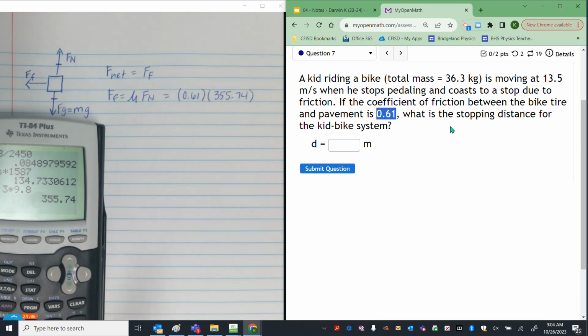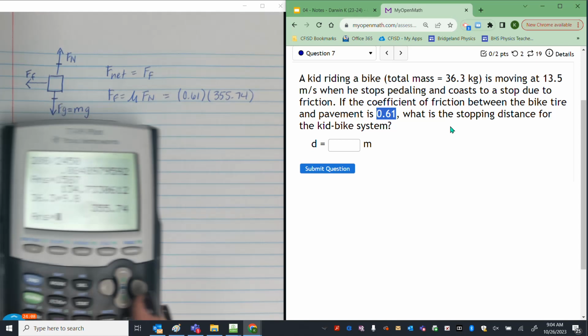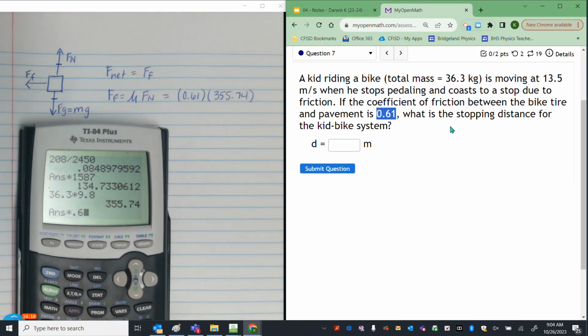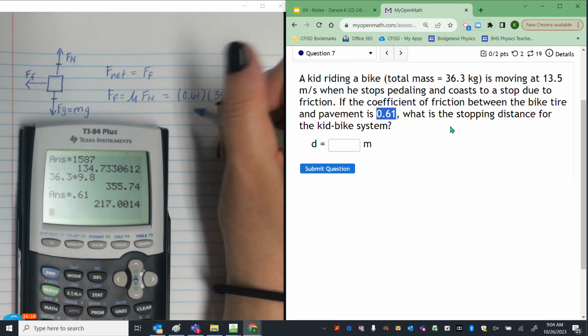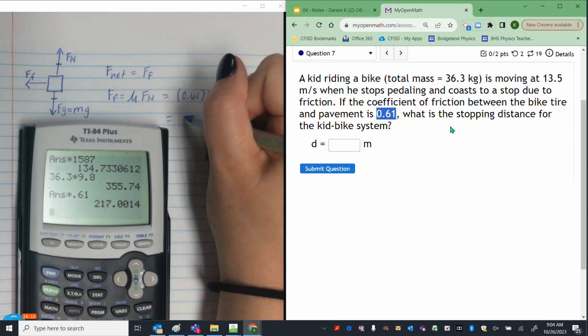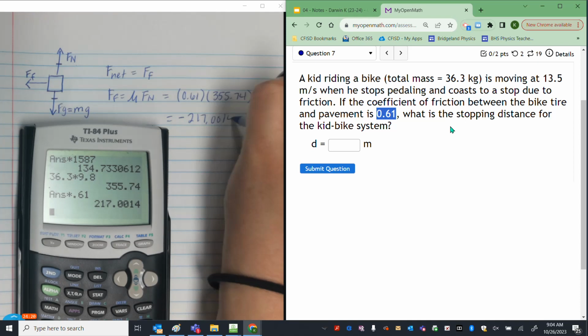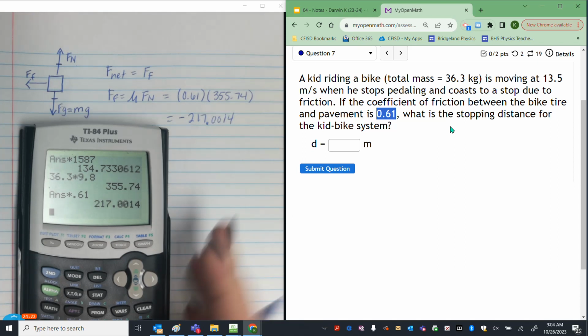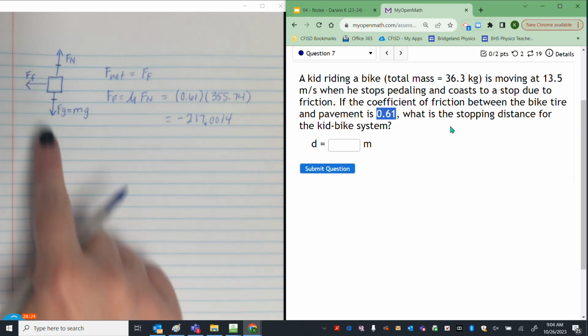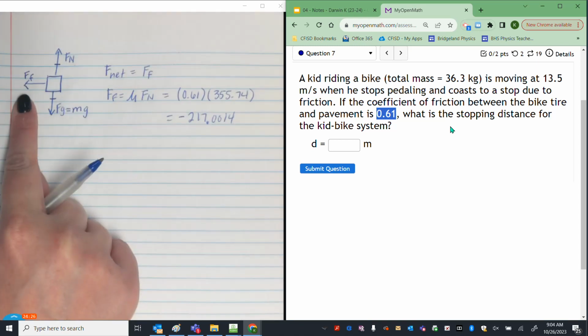So I'm going to take my answer and multiply it by 0.61. And that gives me a force of friction of negative 217.0014. I know it doesn't say it's a negative number, it's not going to give me a negative, but I know it's negative because it's going opposite my motion.